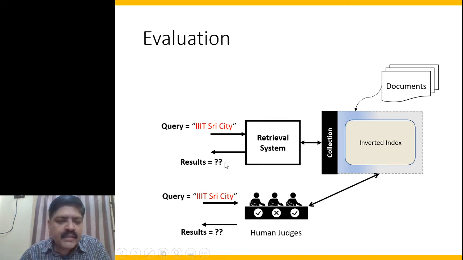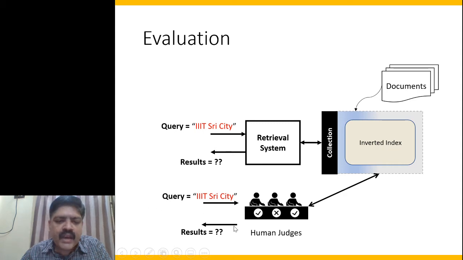One way to understand the goodness of the results is to use human judges. The human judges would fire the same query on the collection, but they would do this manually, as in they would go to the document set or the collection and manually look at the documents and figure out which document should match, and they, let's say, have annotated certain documents as appropriate for this query.